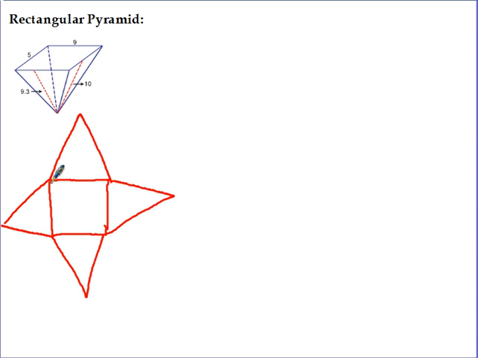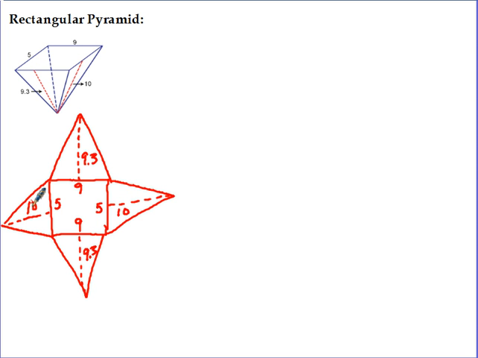Now, our rectangle here, and I didn't draw it much like a rectangle, it looks more like a square, but they would be 9 and 5. And the 9 side would be here. That slant height goes with 9.3, so this is going to be 9.3 here on both. And now the 5 side, that slant height is 10.